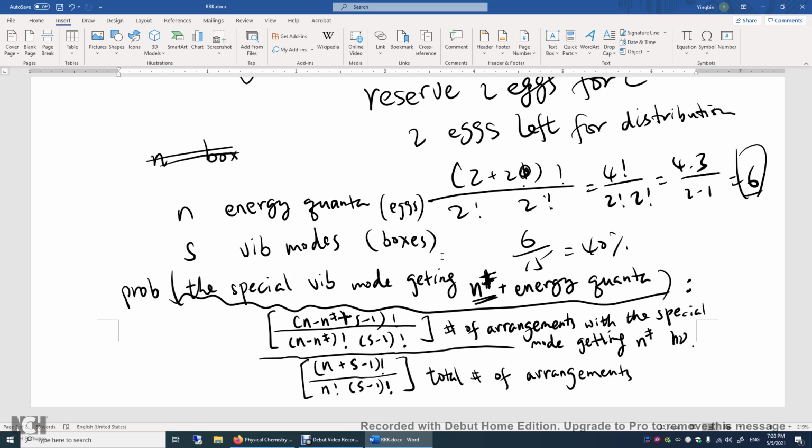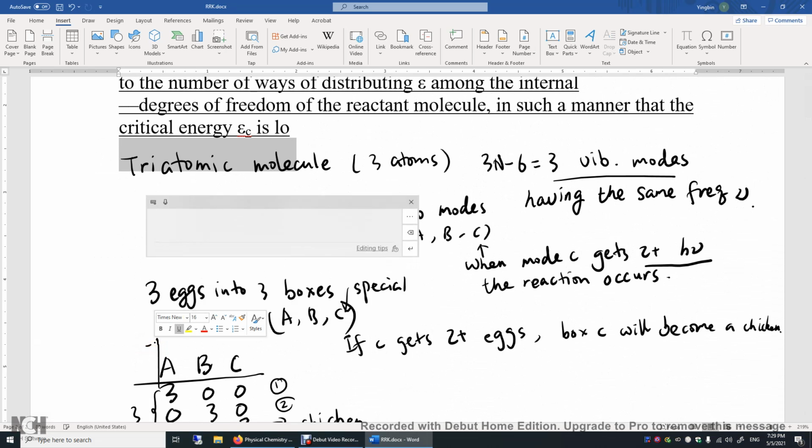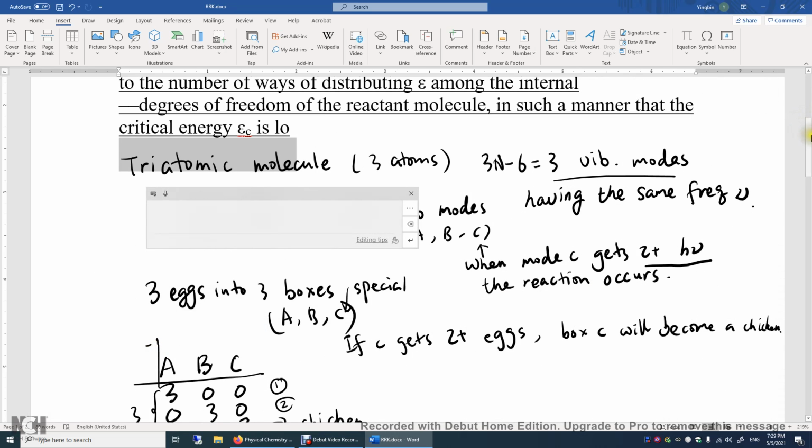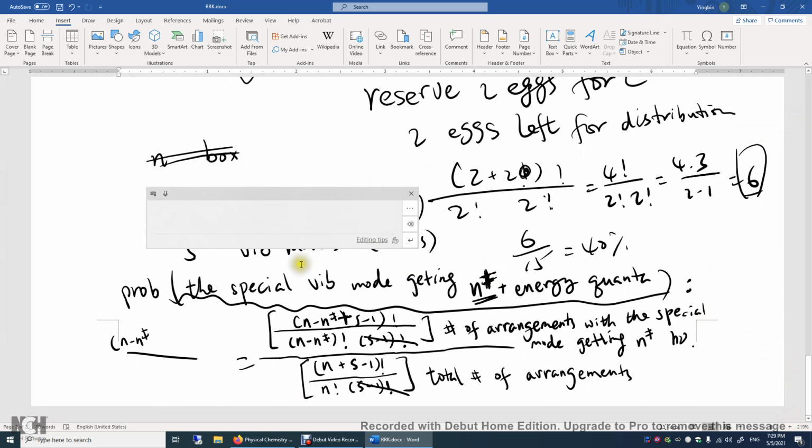And also, if you pay attention to this formula, you can see we have this s minus 1 factorial, and s minus 1 factorial cancel. And then on top, we'll have this n minus n double dagger plus s. Oh, I'm sorry about this. Somehow it shifts.